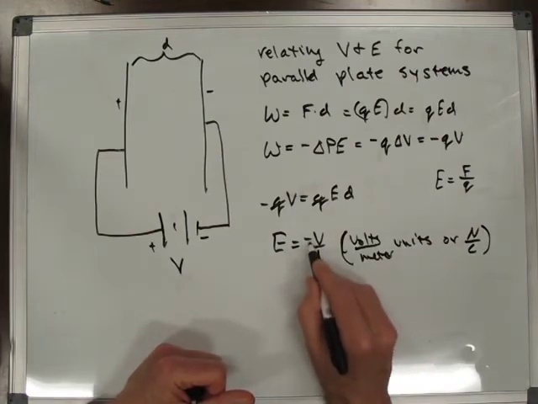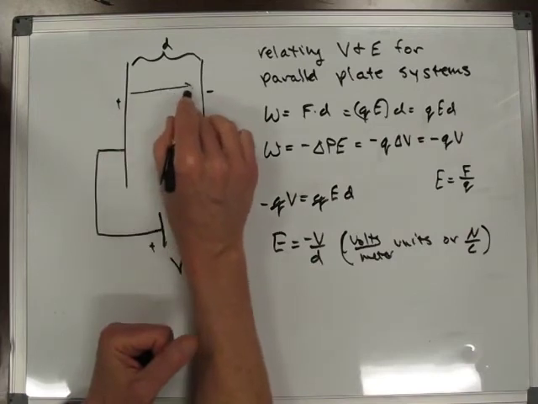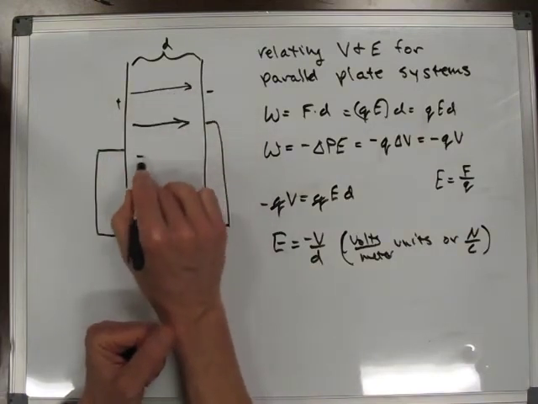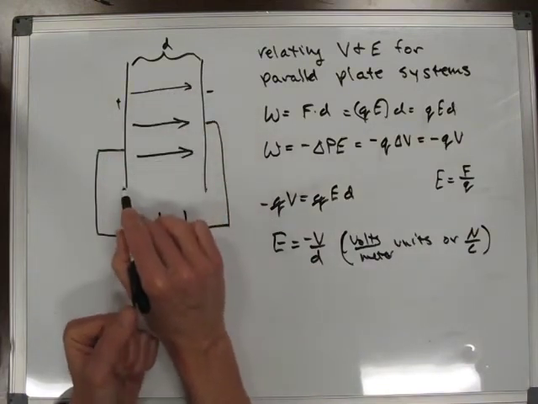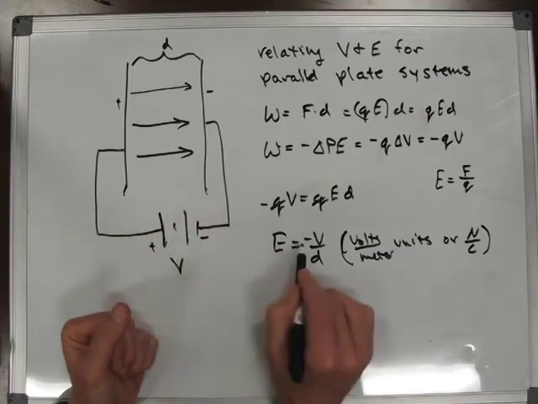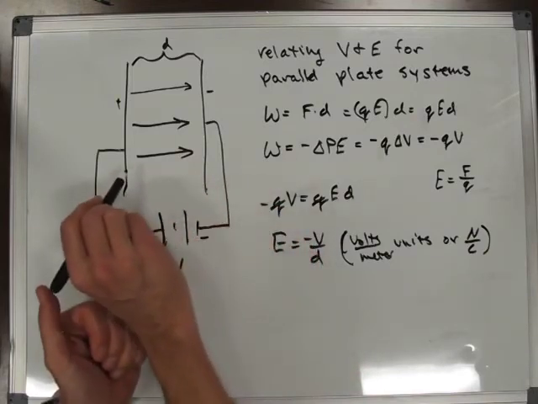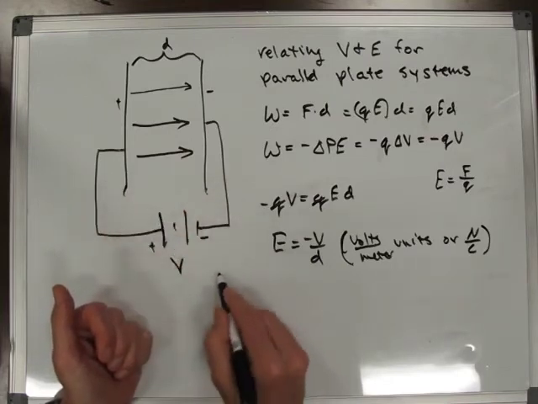So what does that minus sign mean? Let's talk about that for a second. If you remember, the electric field points in the direction a positive charge will go. And so this is the 0 volt end, and this is a higher voltage end. What the minus sign is saying is, look, it doesn't point towards the high voltage, it points away. It points from high voltage to low voltage.